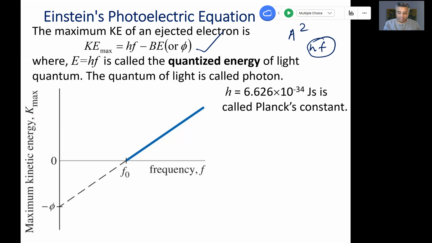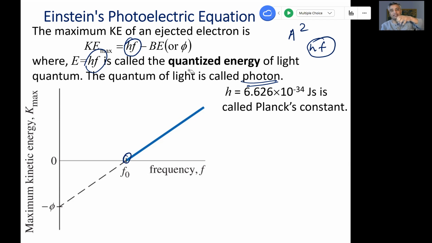So he used this idea of light being not a wave, but a particle with the energy hf, and those are the photons. He used that idea and said, okay, it needs a certain minimum amount of energy. That energy is equal to the energy required to pull that electron out from the bonding with the atom.